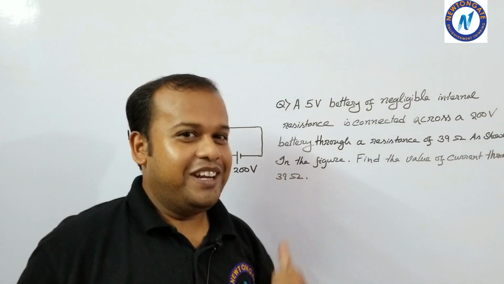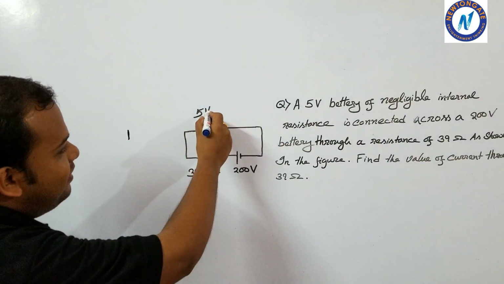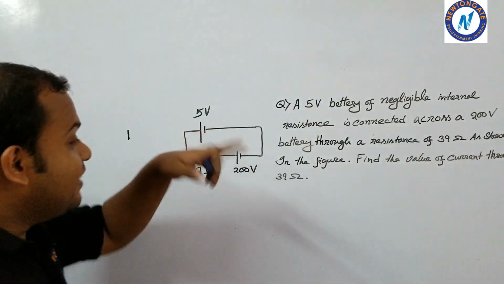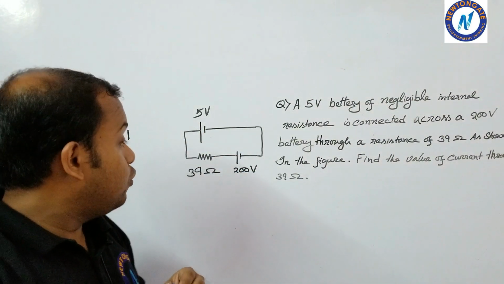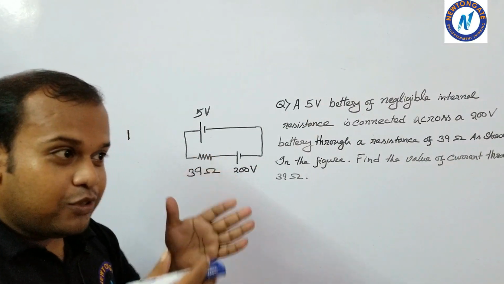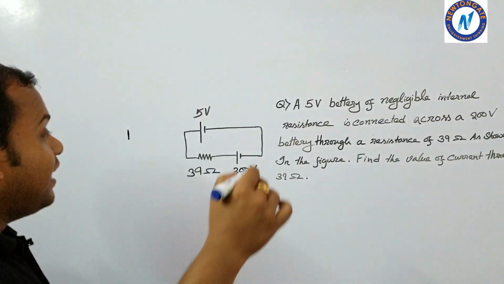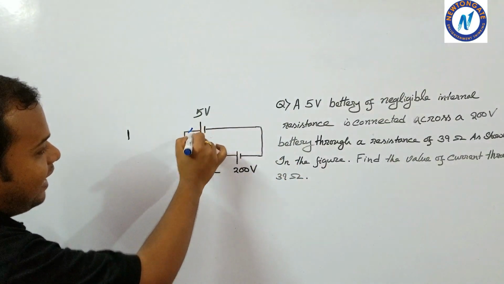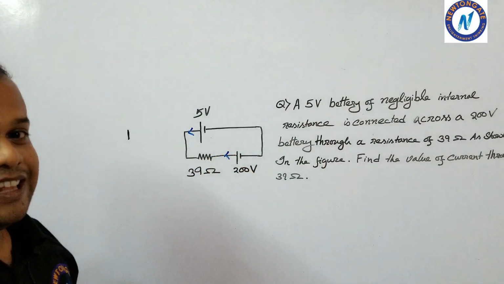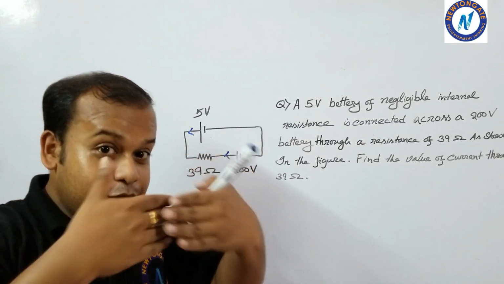So now according to the figure, can I say that the current for this 5-volt battery will be there, and the current for this 200-volt battery will also be there. So there will be two currents, and the direction of the corresponding currents will be, for this the direction of current will be this, and for this battery the direction of current will be this. So the direction of current is actually opposite to each other.